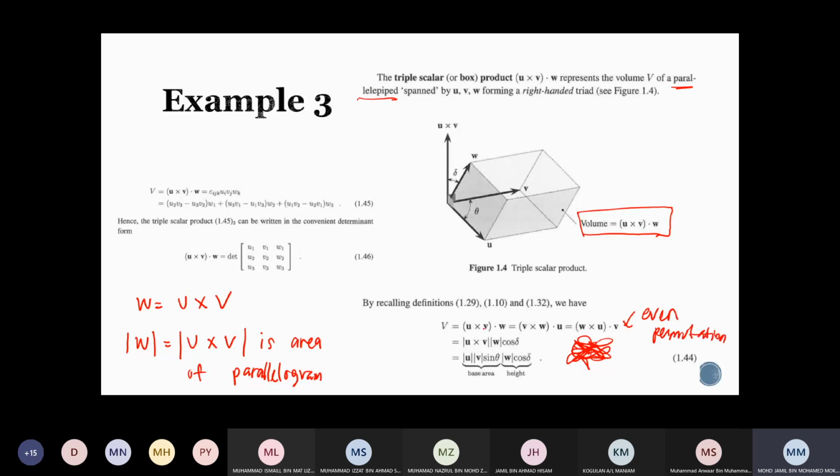So U, V, and then W. If V first, V, W, and then U. If W first, W, U, and then V. Make sure you follow the even permutation.